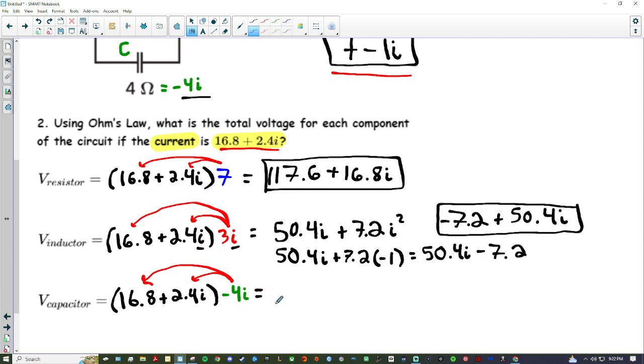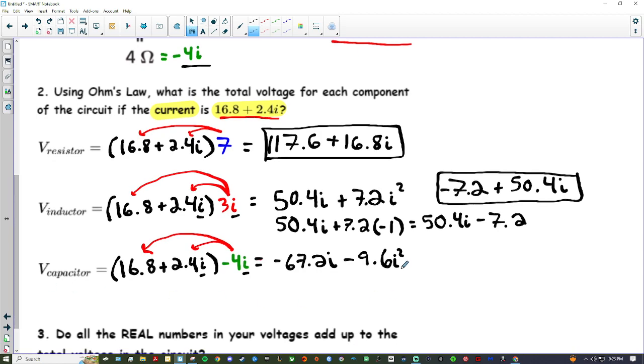So if we multiply 16.8 times, oh sorry, not 2.4, times -4, we get -67.2. Don't forget your i. Now we're going to multiply 2.4 by -4, giving us -9.6. Again, we have to be careful: i times i is i squared.